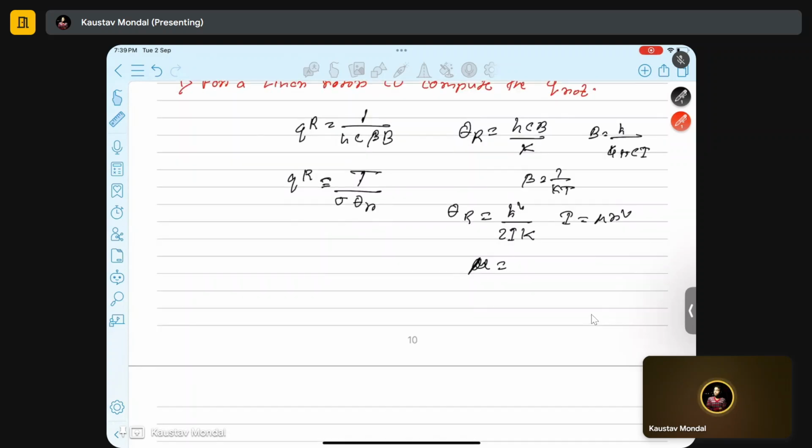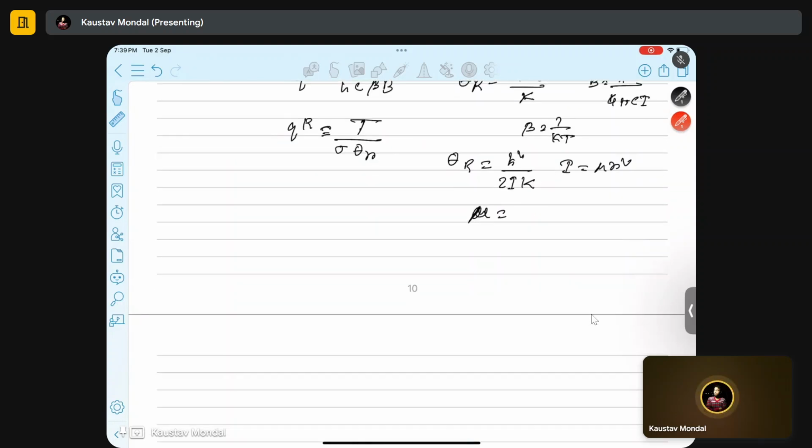Here there are two atoms, one carbon and one oxygen, CO. So their reduced mass will be Mc into Mo divided by Mc plus Mo. And sigma is basically a symmetry factor, equal to 1 for heteronuclear and equal to 2 for homonuclear molecules.